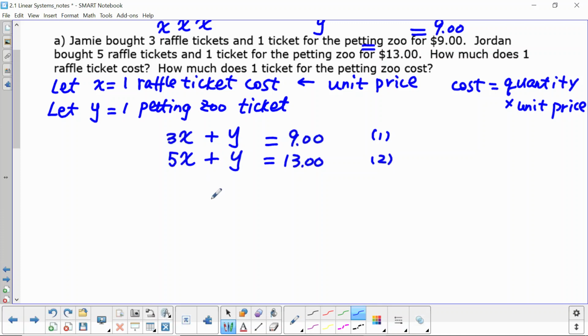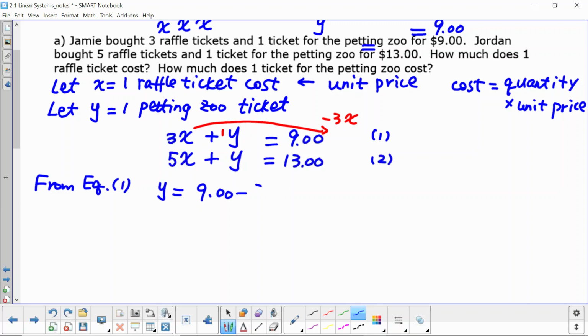So now how are we going to solve this one? The first step, we need to isolate one of the variables. The number in front needs to be 1. So we see, okay, this one is 1. So we isolate y by moving the 3x to the other side. It's minus 3x. So from equation 1, we have y equals 9.00 minus 3x.